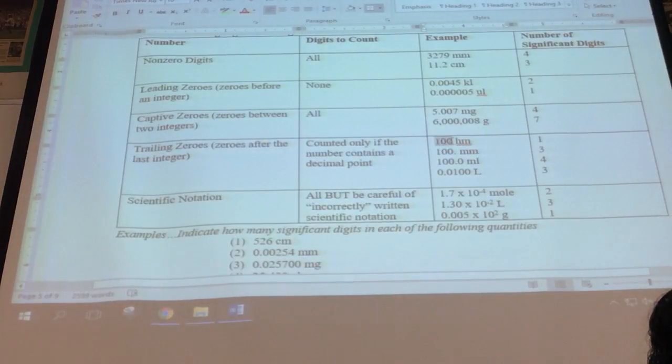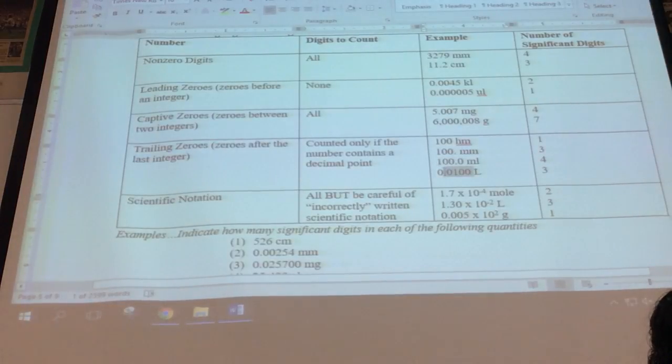So 100 hectometers, these are trailing zeros, but there's no decimal point, so they're not significant figures. 1. 100 with a point millimeters, 1, 2, 3. This time we count the trailing zeros because there's a decimal somewhere in the quantity. 100.0, there's a decimal in the quantity. Trailing zeros then all count. You have 4 significant digits.